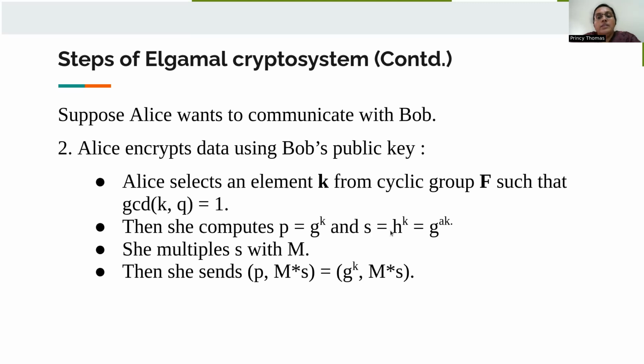Alice also got G raised to A, that is H is equal to G raised to A, which was part of the public key of Bob.